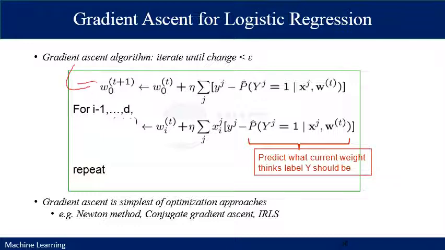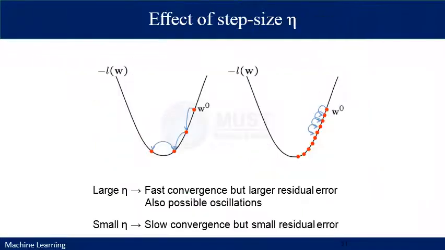So as described earlier, the weights are again controlled by the learning rate. If you set a very large learning rate, your algorithm may converge faster to the solution, but it may have a larger residual error and also possible oscillation that your algorithm may encounter during the optimization.